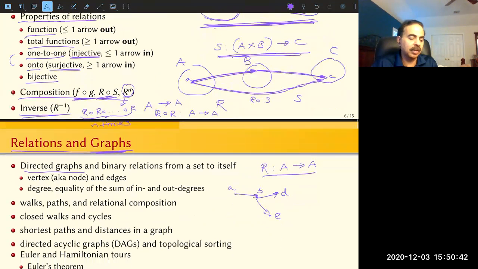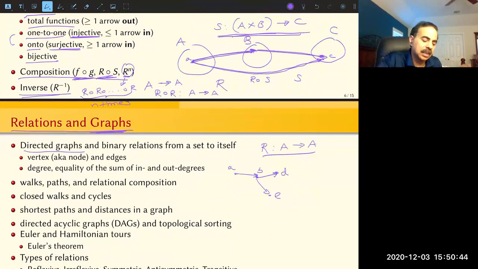And then we can talk about interesting properties of these graphs, such as how the degrees add up. In degree is the number of arrows coming into a node, and out degree is the number of arrows going out of a node.